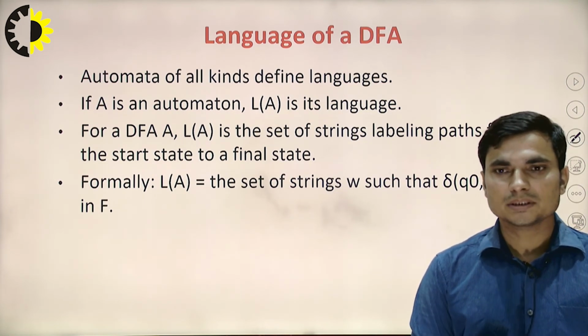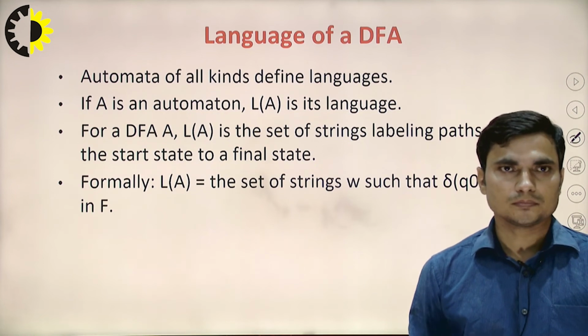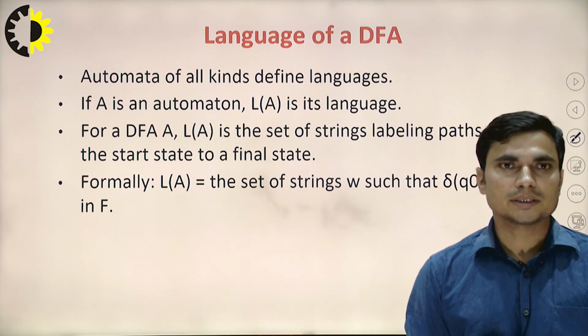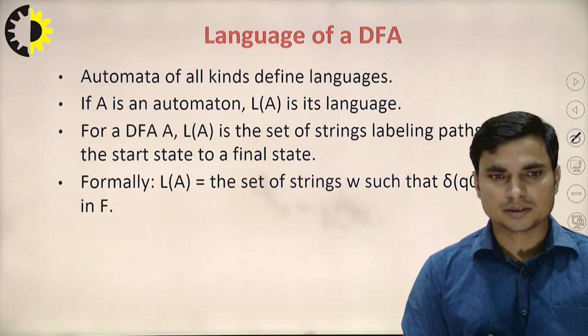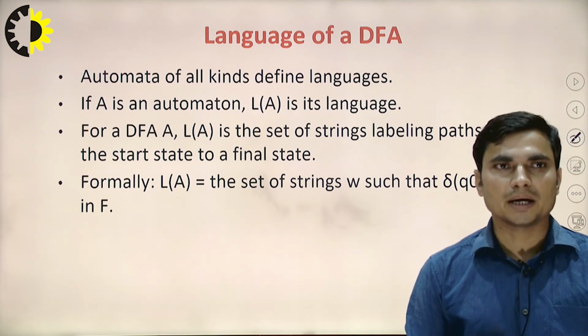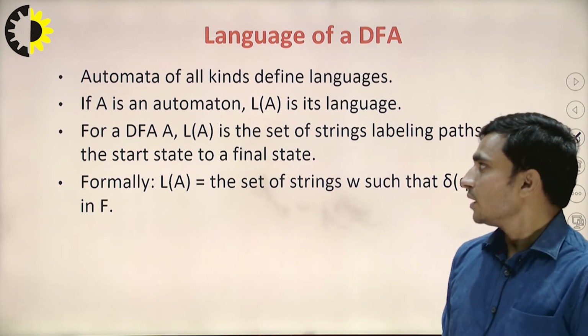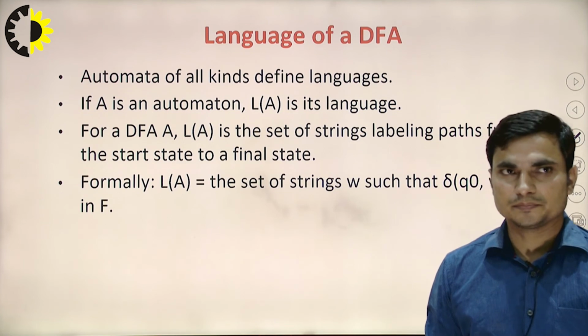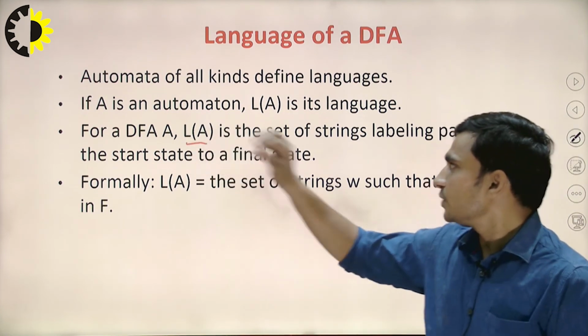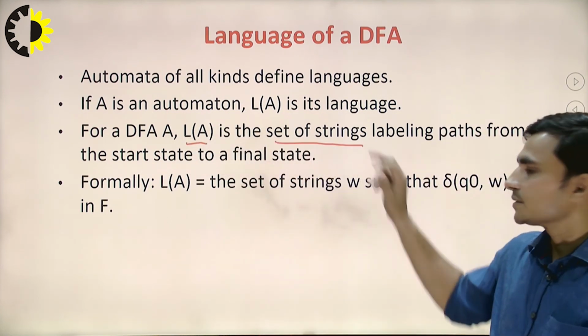Now if we have a certain set of strings, and those strings are accepted by a certain DFA, and those strings are generated from a certain pattern, then we create a language out of those strings. So that language is a set of strings.